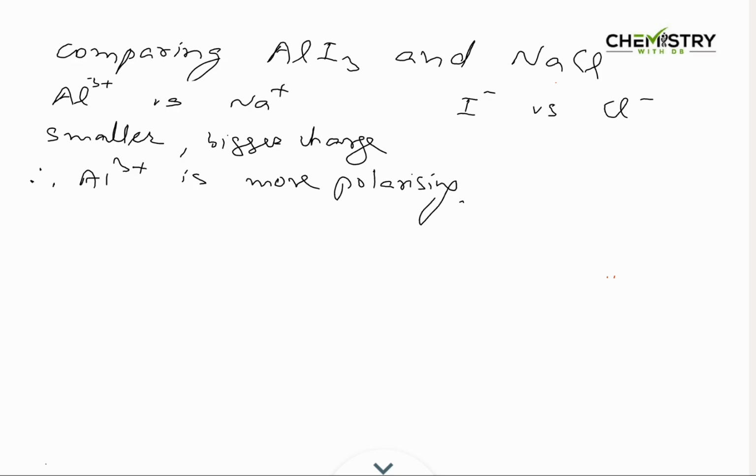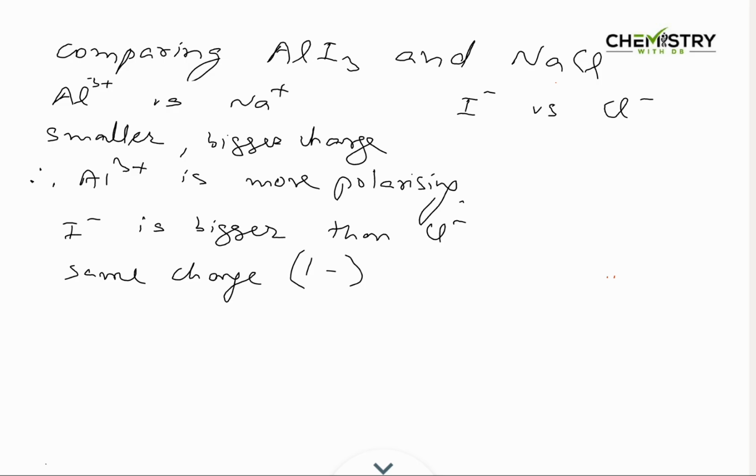On the other hand, I minus is bigger, which is the perfect condition for polarizability, than the Cl minus, and they have the same charge, which is 1 minus, so therefore I minus is more polarizable.